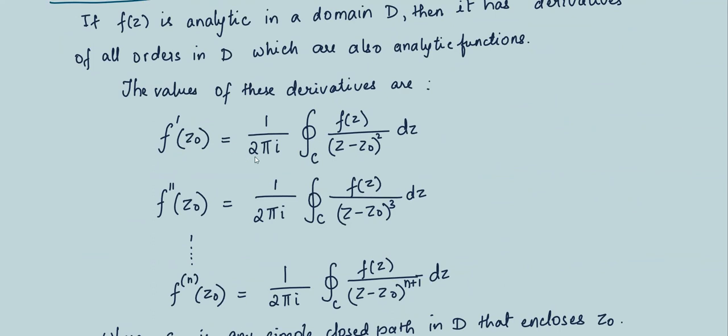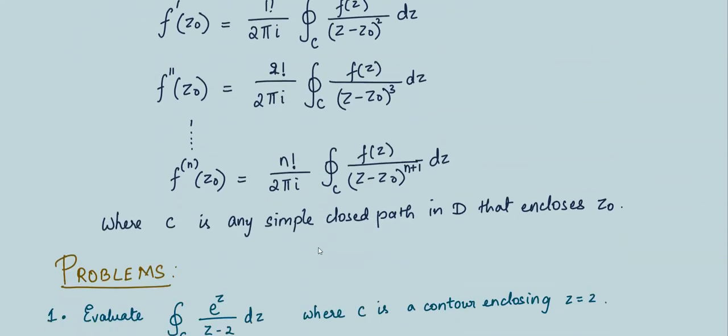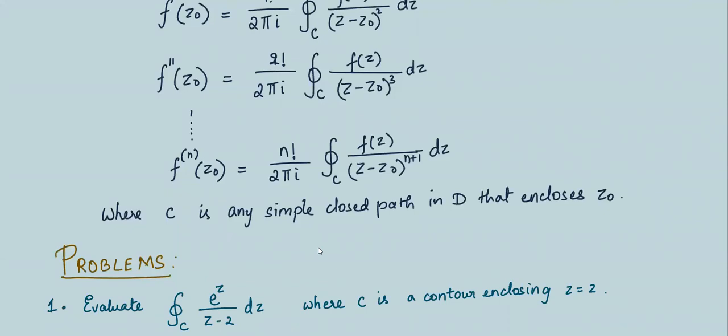I made a mistake in this problem. Here it will be 1 factorial, here it will be 2 factorial, here it will be n factorial. Please rectify.